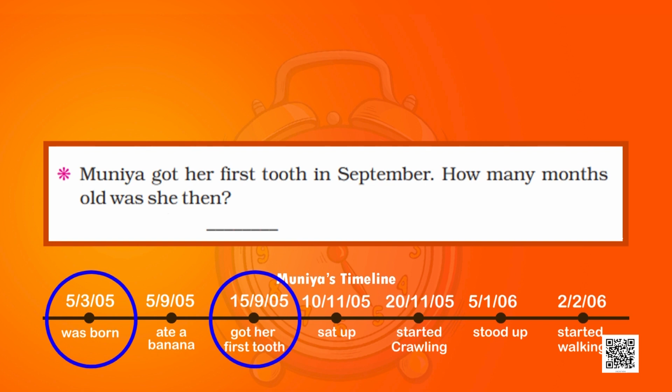Let us count. After March, we have April, May, June, July, August, September. Good. She was 6 months old. So, the answer is Munia got her first tooth when she was 6 months old.